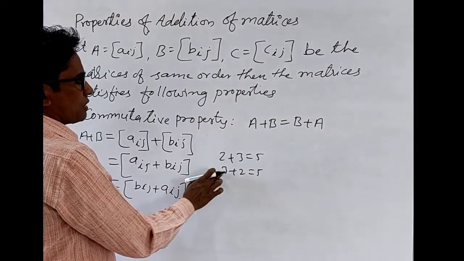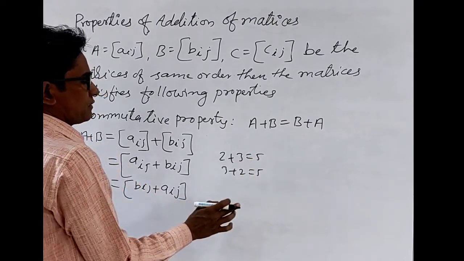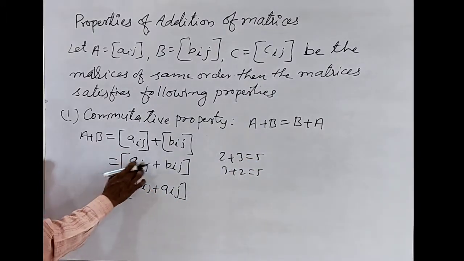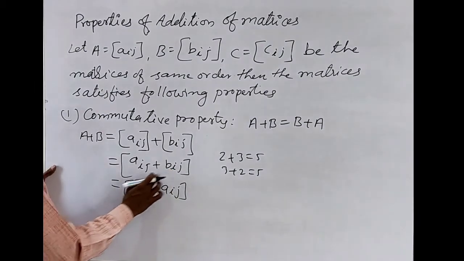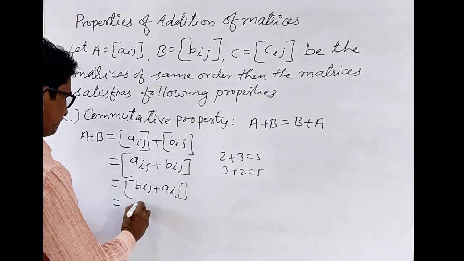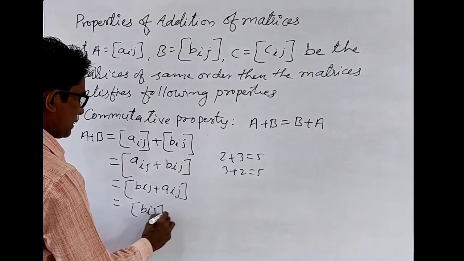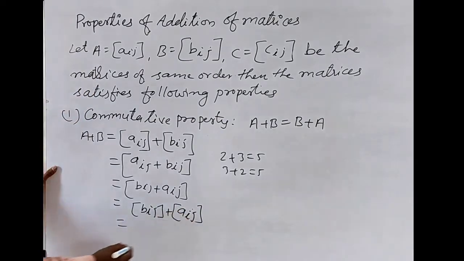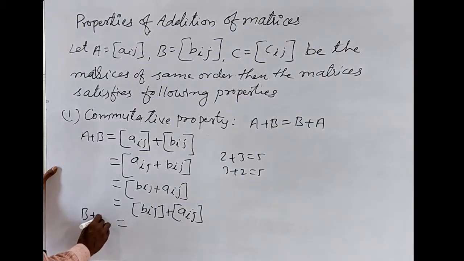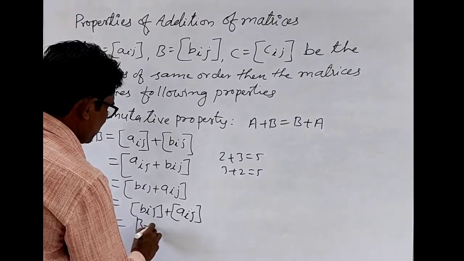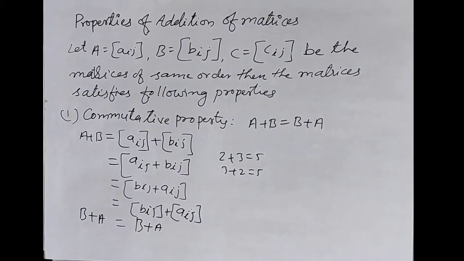When we change the order of these numbers, there is no difference in addition. Therefore, when we interchange the order in addition, there will be no change. So this can be written as Bij plus Aij, which is nothing but B plus A.